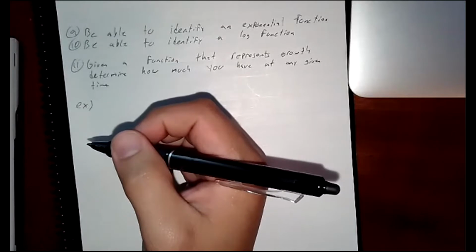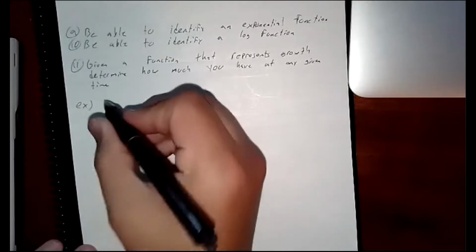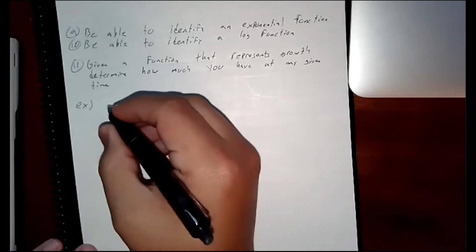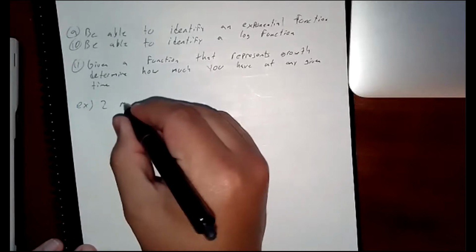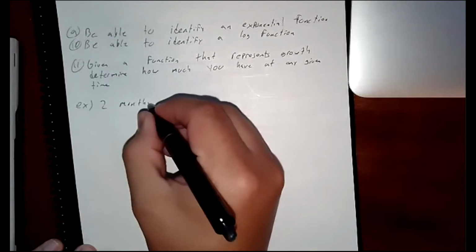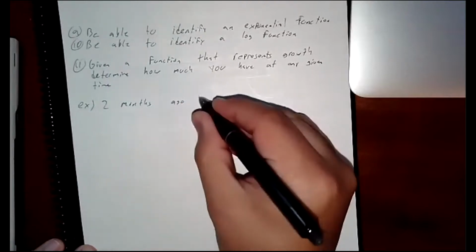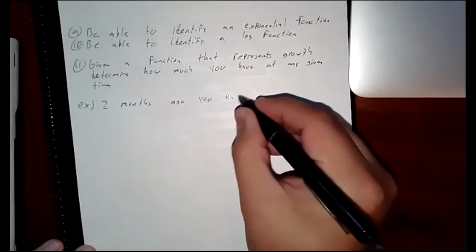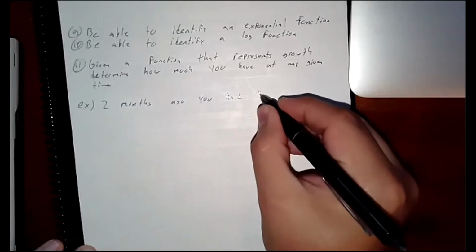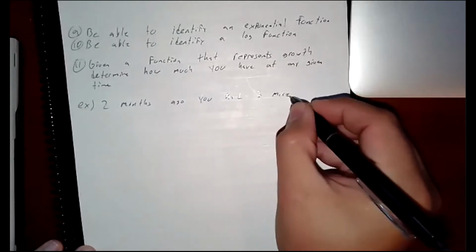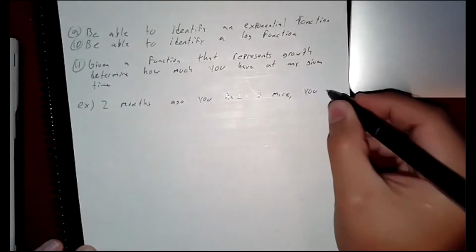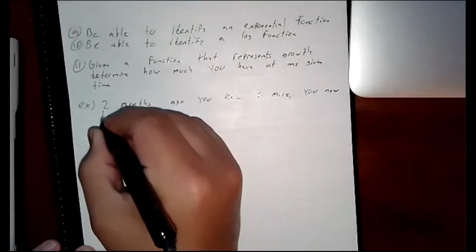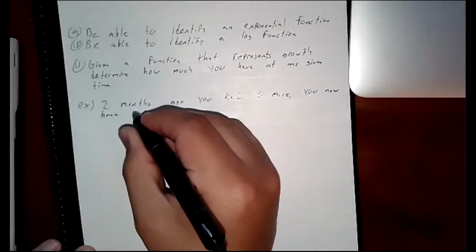Let's pick a random question here. 2 months ago, you had 3 mice. You now have 18.